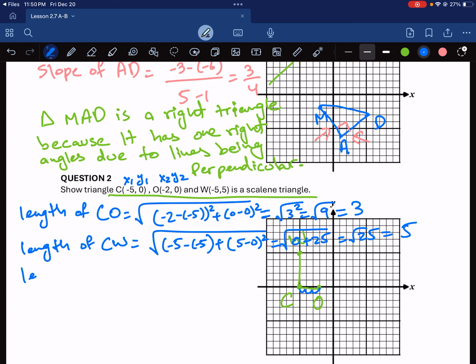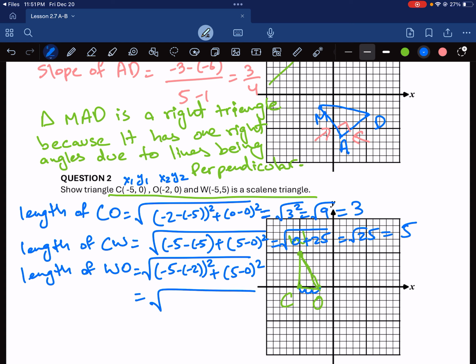Okay. Now, lastly, we've got the length of, I don't know why that got erased, so the length of WO. So we're going to get negative 5 minus negative 2 squared plus 5 minus 0 squared. I'm going to write it here.